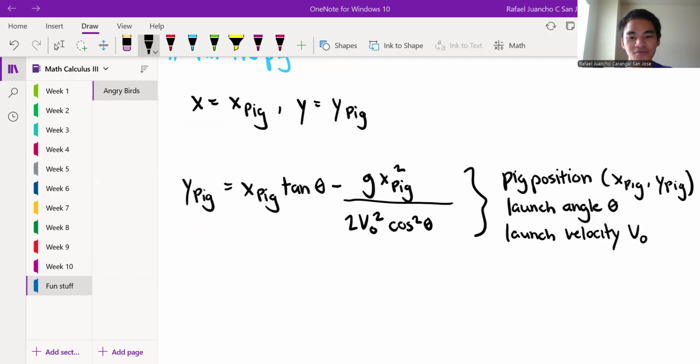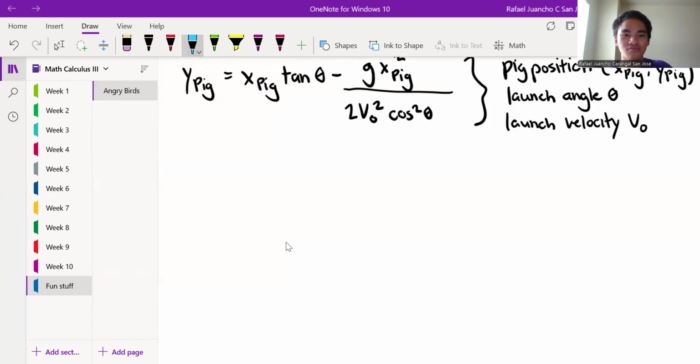Or the other way around, we could solve for its velocity given that we have a theta, right? But we can solve for both, just make them general. So one way, I can do this either way. From our trajectory equation, let's solve for theta, right?